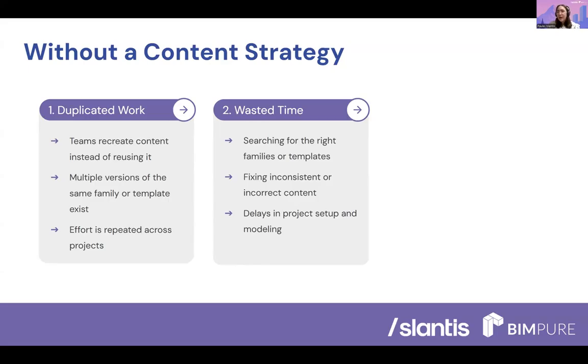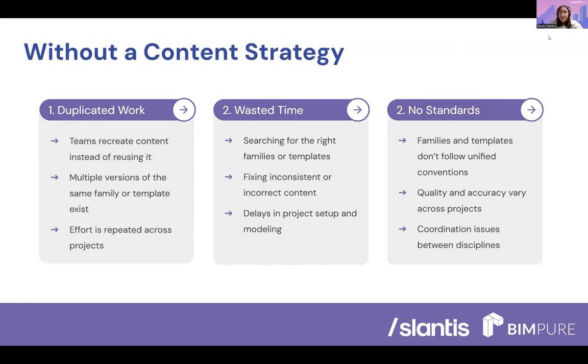So I waste a lot of time fixing that content instead of only using it and going on with the project. And we're wasting time, delays in project setup and modeling because of all of this, right? We cannot put our time into the project, but into searching for content, fixing content that is wrong, etc.